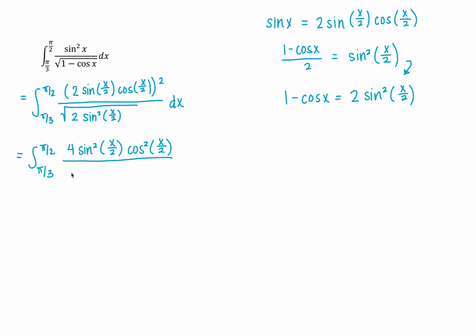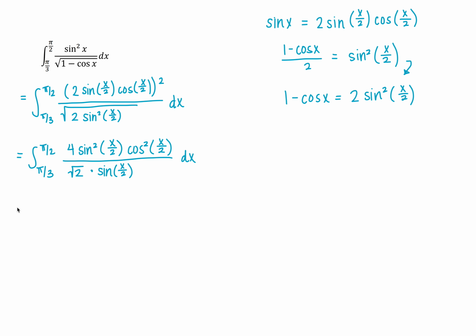In the denominator, the square root of 2, I can't do anything about that, but the square root of sine squared is just going to be sine x over 2. So with this, I'm going to be able to cancel that sine x over 2 in the denominator with what's in the numerator, and I can even divide the 4 by the square root of 2.